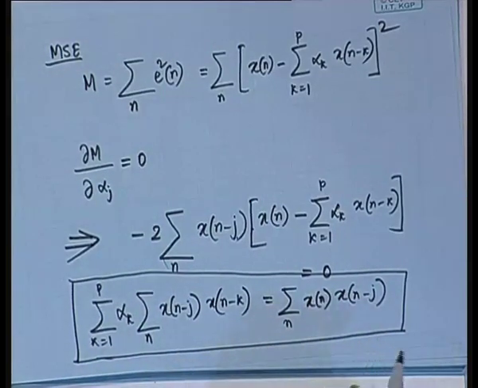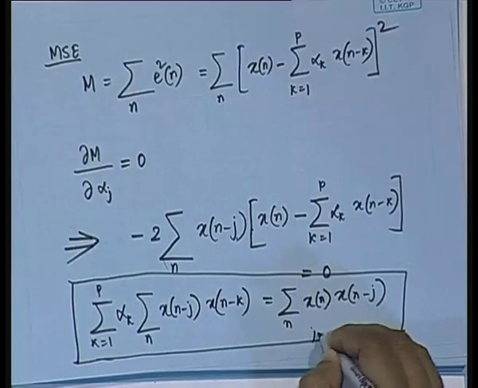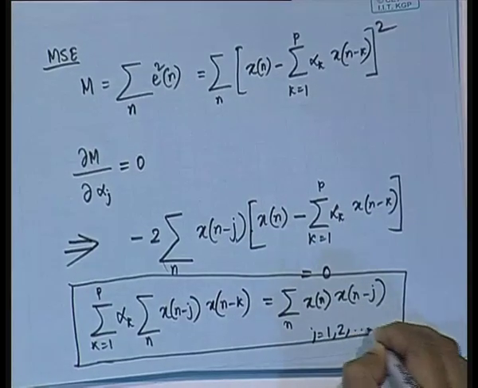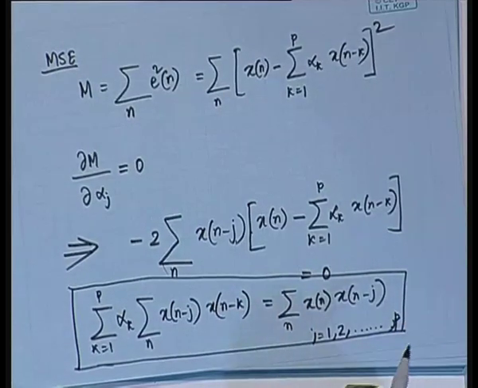Now, how many such equations are we going to have? Not only one equation, but we are going to have p equations, because we can write these equations for j equal to 1, 2 up to p. So, there will be p equations. How many unknowns are there? There are p unknowns, alpha 1 to alpha p, all of them unknown quantities.